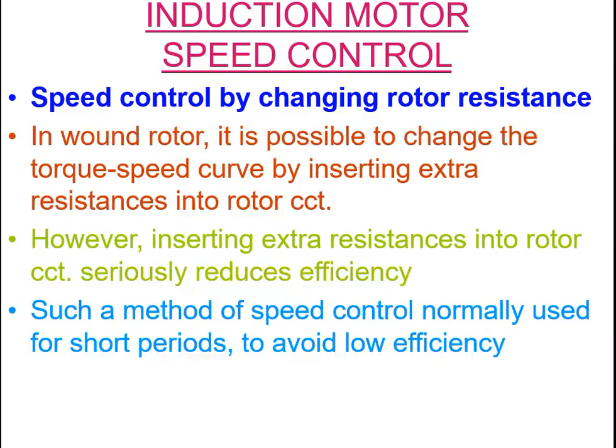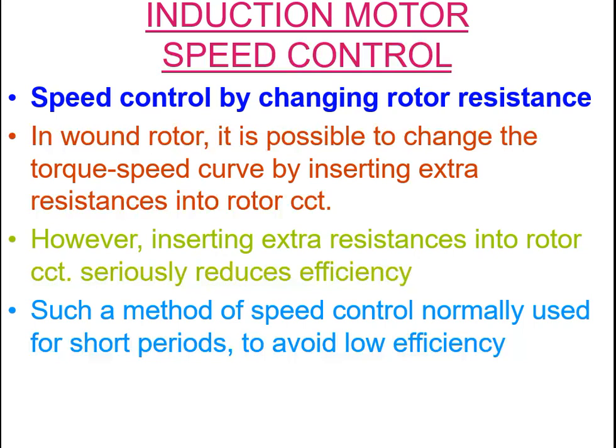And the last one is speed control by changing the rotor resistance. It is only applicable for slip ring induction motors. In the slip ring rotor, it is possible to change the torque speed curve by inserting extra resistance in the rotor circuit.